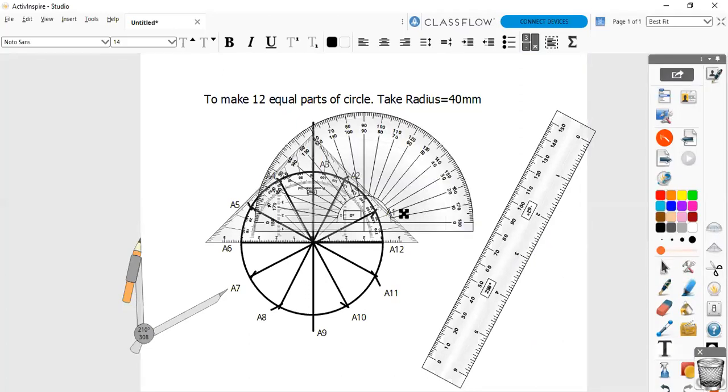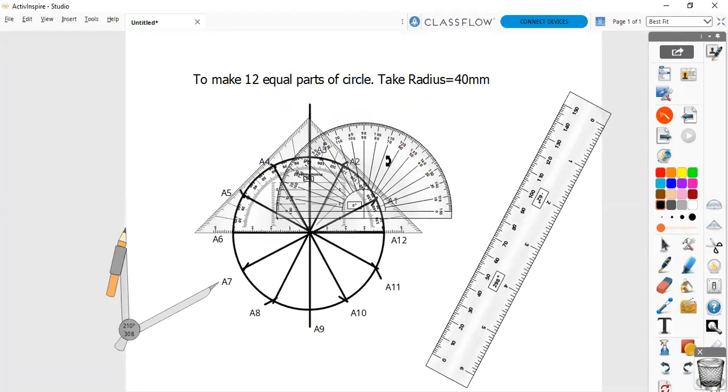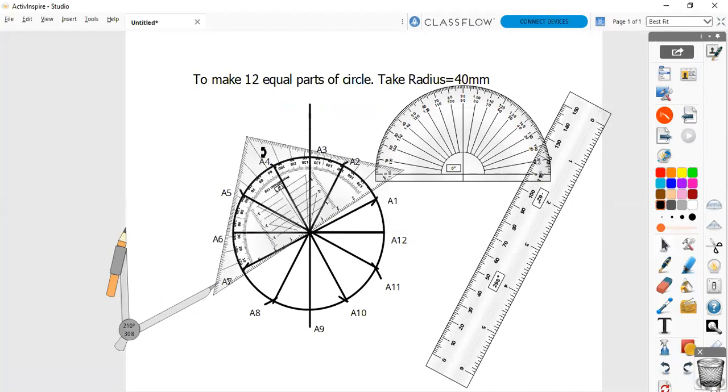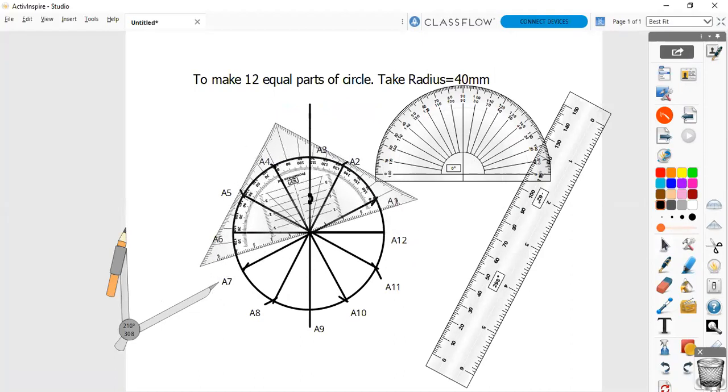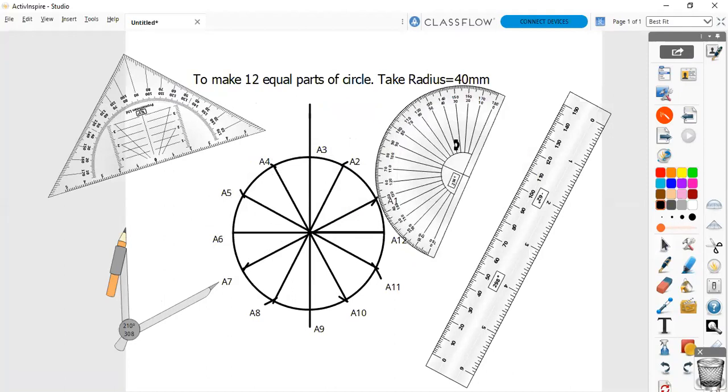But you can use this kind of, you can use this.